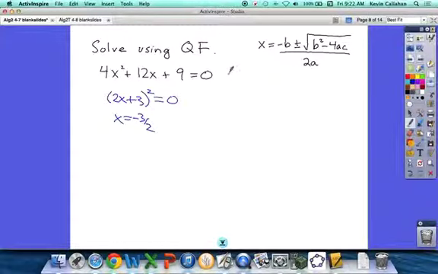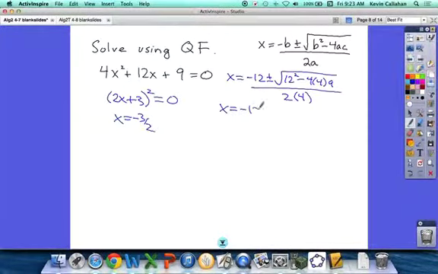If I plug in over here, I'm going to get x equals negative 12 plus or minus the square root of 12 squared minus 4 times 4 times 9, divided by 2 times 4. X equals negative 12 plus or minus the square root of 12 squared is 144. 4 times 4 times 9 is 144.